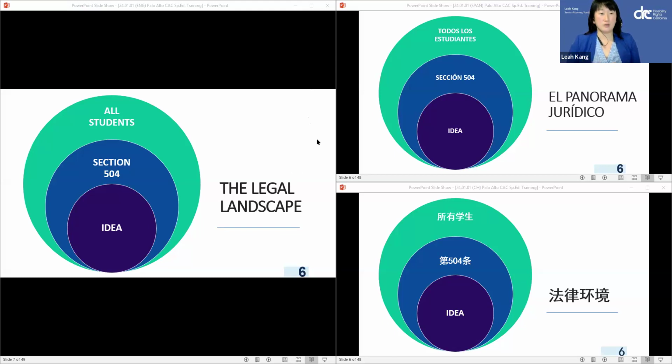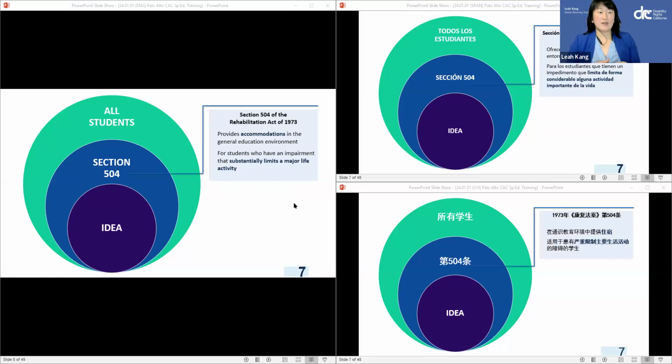So to give you a little more detail, Section 504, if we can go to the next slide, this is the law that provides accommodations in a general education environment. So this is for students who have a disability that substantially limits a major life activity. It can be education related.